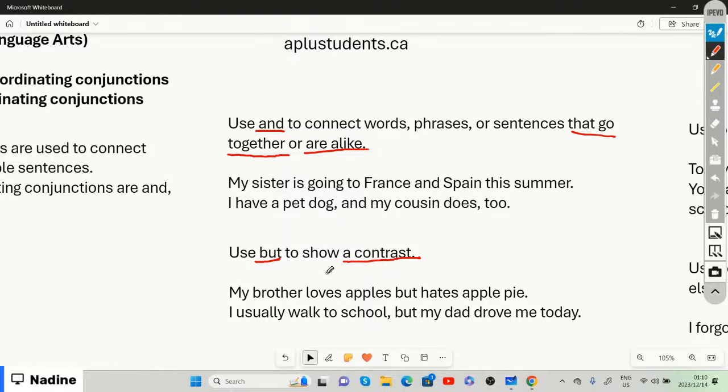So we use but to show a contrast, and we use and to connect words, phrases, or sentences that go together or that are alike.